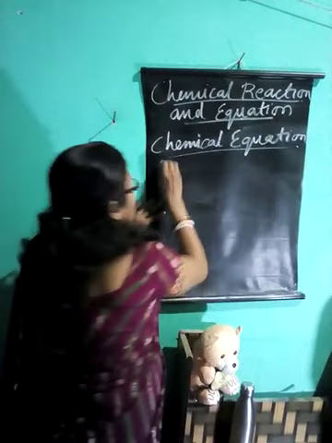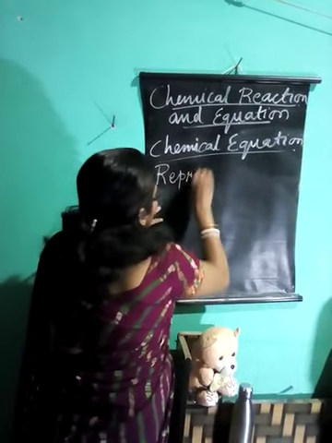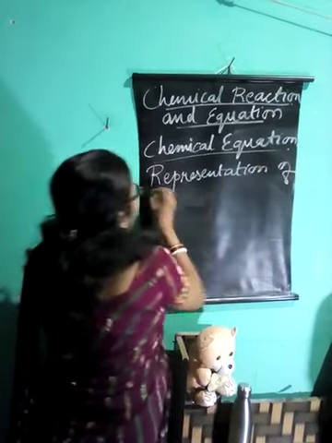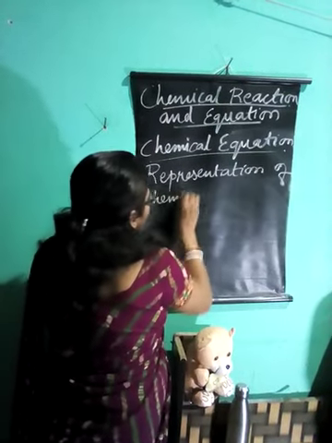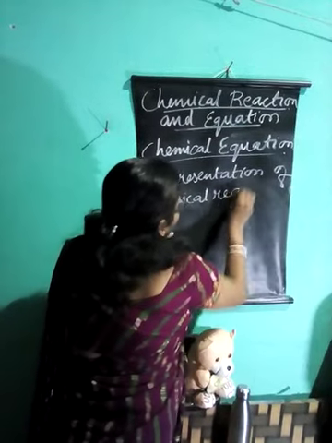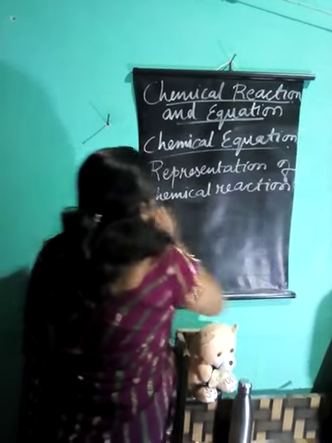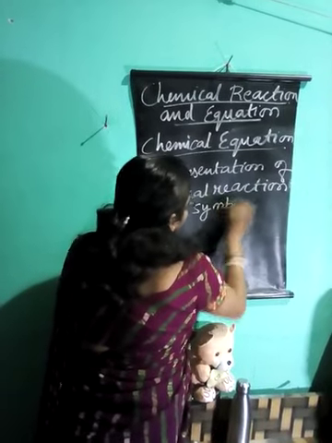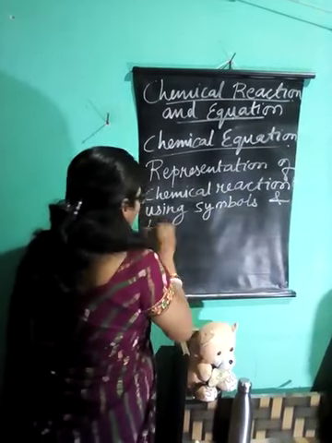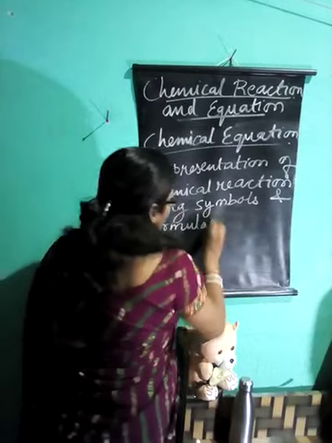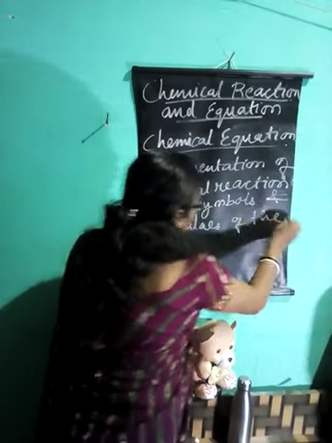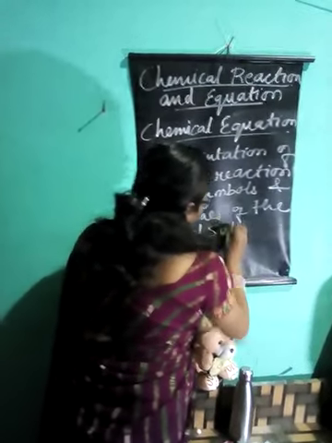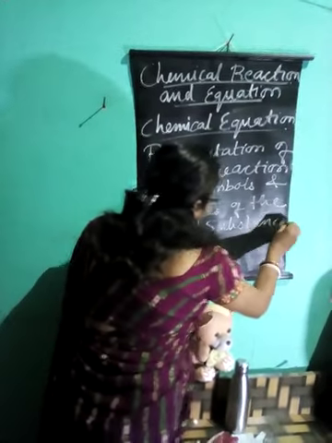Chemical equation is the representation of a chemical reaction using symbols and formulae of the chemical substances involved in the reaction.